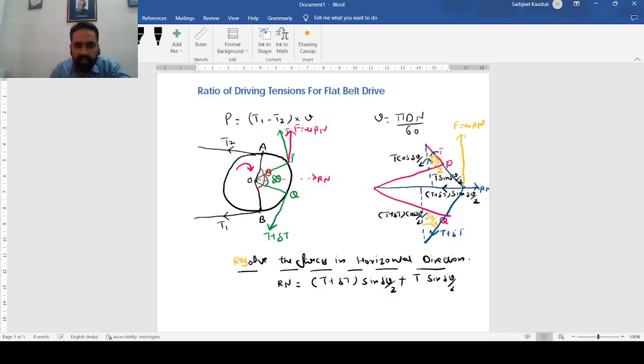Now you can see here that the value of delta theta is very small. So if sine approaches a very small angle, it has a very negligible value. So we can write sine delta theta by 2 is approximately equal to delta theta by 2, because the value of the angle is very small.